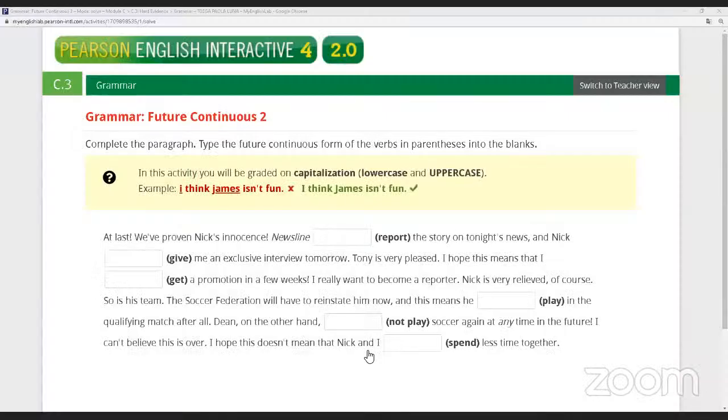And I'm going to share my screen with you. Once you can see it, please let me know. I can see this. All right. Could you please read the instructions? Yes. Complete the paragraph. Type the future continuous form of the verb in parentheses into the blanks.